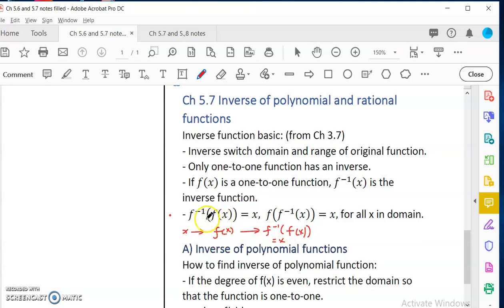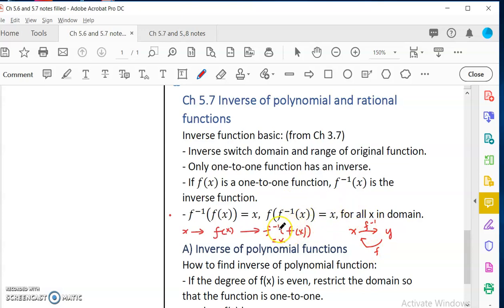So you can think of f inverse as the canceling function, so that when you start out with x, you end up having x. The same thing for a different order. If you have x put into the inverse, it becomes a y of the inverse function, and then you put it into f, it turns out that you go back to x. So this is the idea of the inverse function.